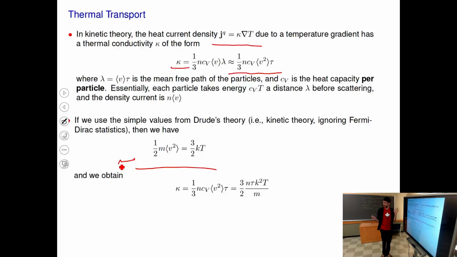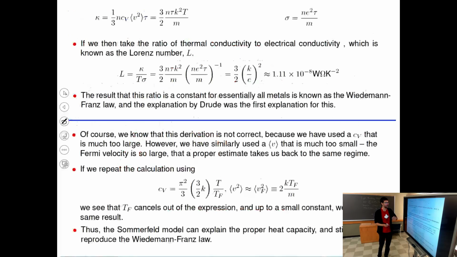But, okay, because this is the classical theory, this is just 3kT. And so if we plug this into the expression above, we get this expression for thermal conductivity, which has temperature, density, tau, all the other things that are related to just electrons bouncing in a solid. So the principal mistake is here. Right? So this is obviously wrong, but we apply it in any case.